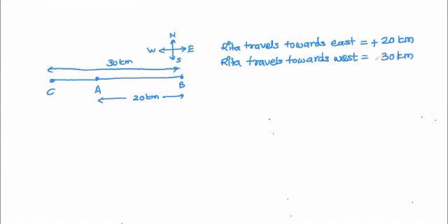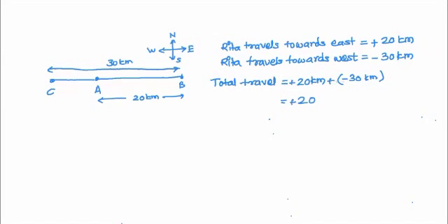So we are going to take this as negative. Now her total travel is equal to her travel towards east, which is 20 kilometers, plus minus 30 kilometers. Now we have 20 kilometers, we'll keep as it is. I'm not going to write the measurement unit while I'm doing the intermediate steps. I'll bring them back in my final step.